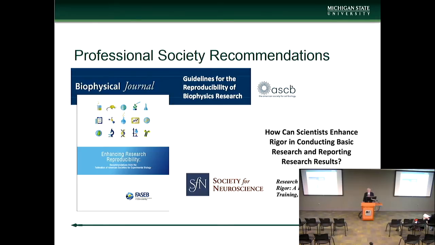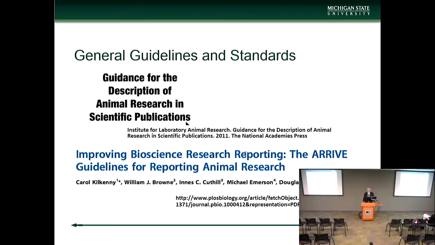Professional society recommendations, FASEB, American Society of Cell Biology, Society for Neuroscience, and many, many others. There have been a number of general guidelines and standards that have been put out. These are both the ARRIVE guidelines from Europe and guidance from the National Academy of Sciences in this country.